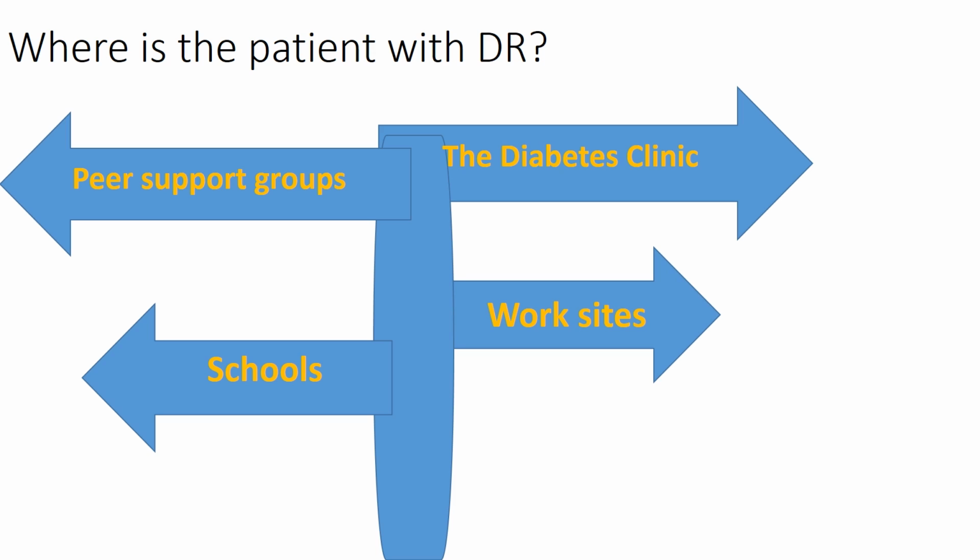Can support groups link the patients to the eye clinic? Can we hold screening services in schools and work sites on a mobile basis? Think about your own setting. Which services can you leverage on to improve the access of these patients to diabetes eye care services?